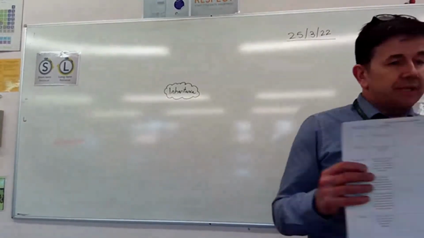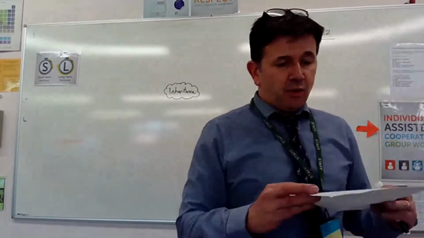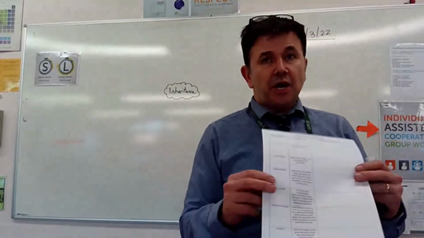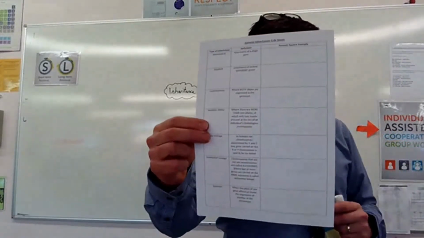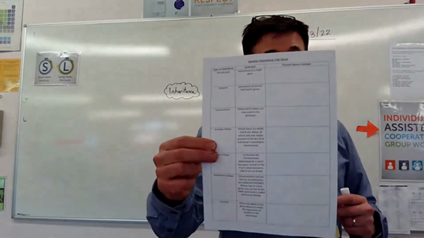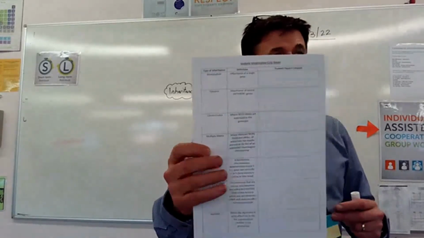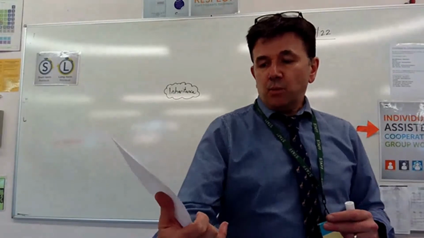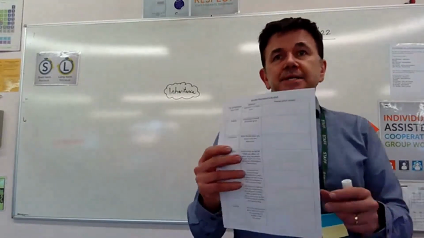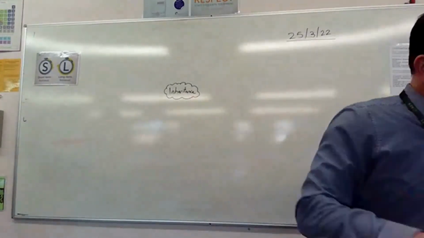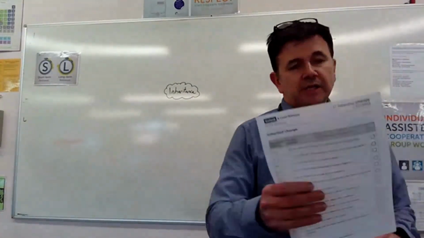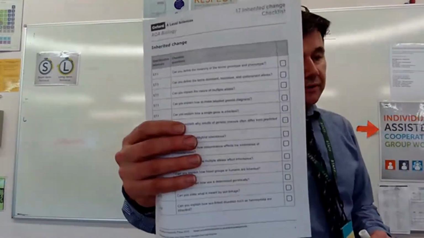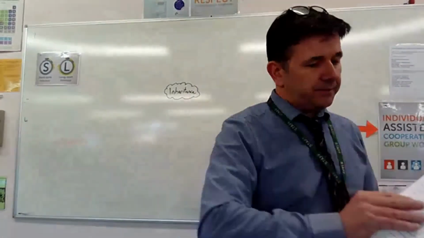This crib sheet has all the different things you need to know in this section of work for inheritance. It's quite confusing, so I have separated them out into all of the things and what they are. You would need to know about Punnett squares as well, and I've also included a revision tick list, so all the things you need to know.